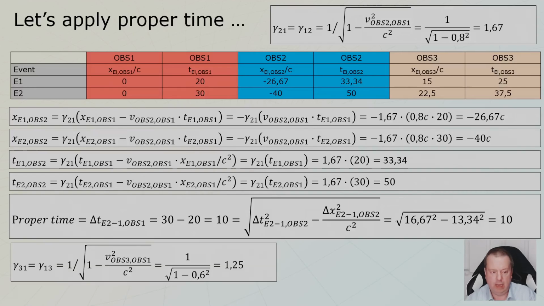So I encourage you to do the same for observer number 3. Try to use the Lorentz transformation to get the numbers for the two events, the x and the t. Put them in the proper time equation, and you will see that also for observer 3, the end result will be 10. Proper time. The universal truth, not depending on the speed of any observer.